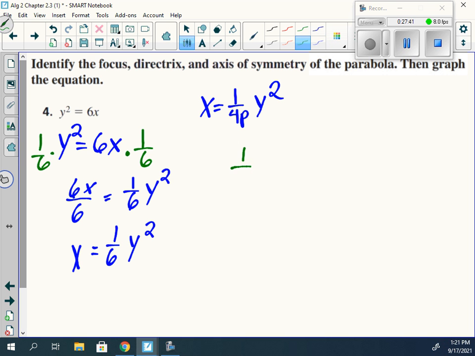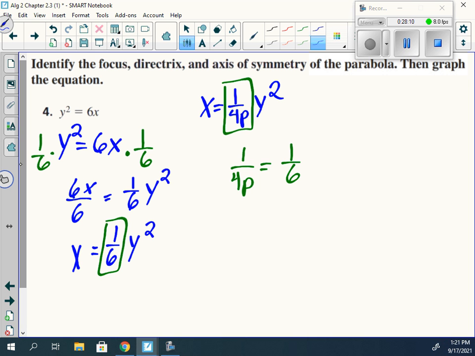Well, what are we setting equal to 1/4p? Because the 1/4p matches up with the 1/6. Y squared and y squared match up, x and x. So the only thing that's really dealing with 4p or p is the 1/6.